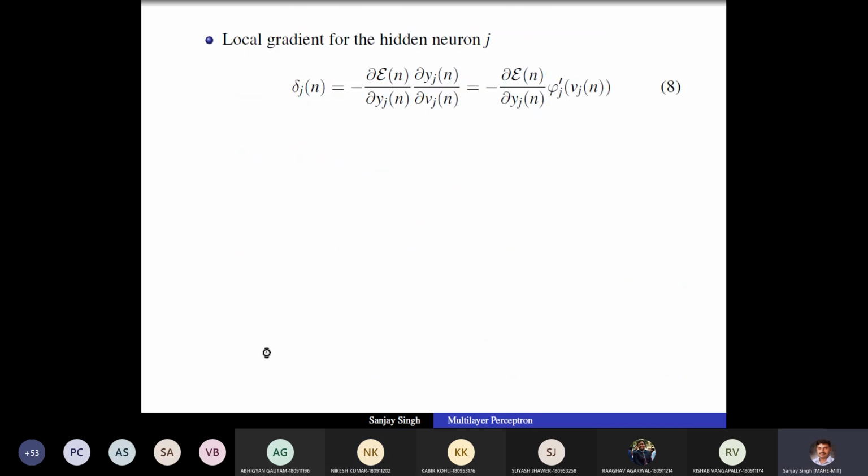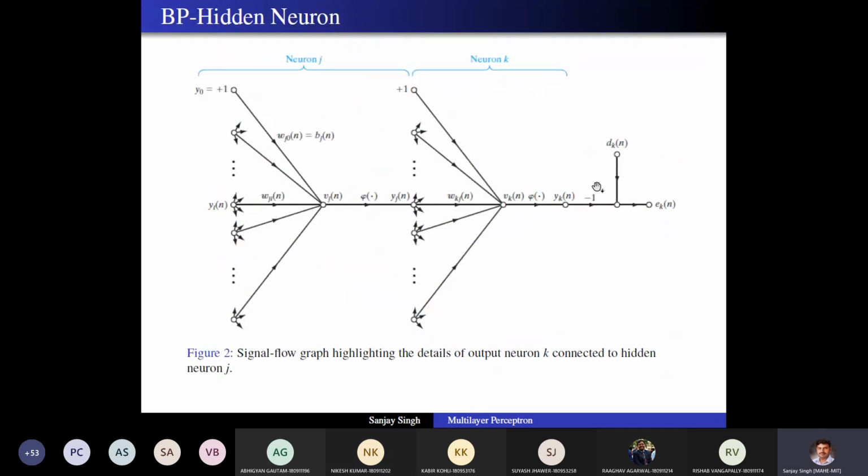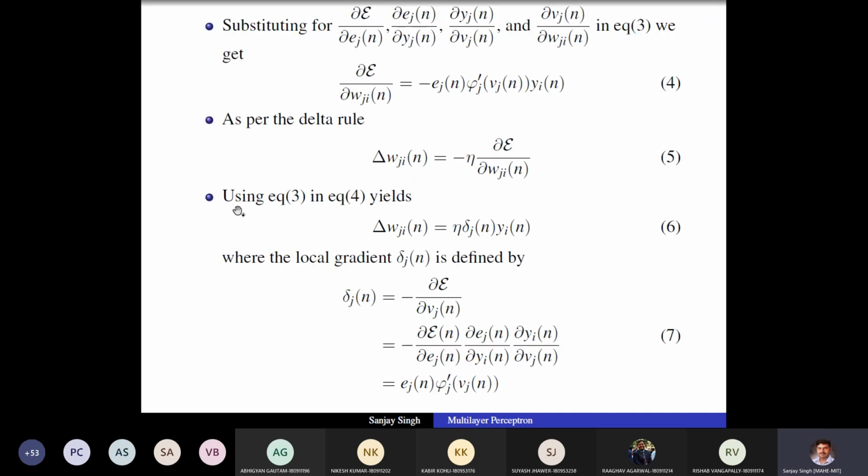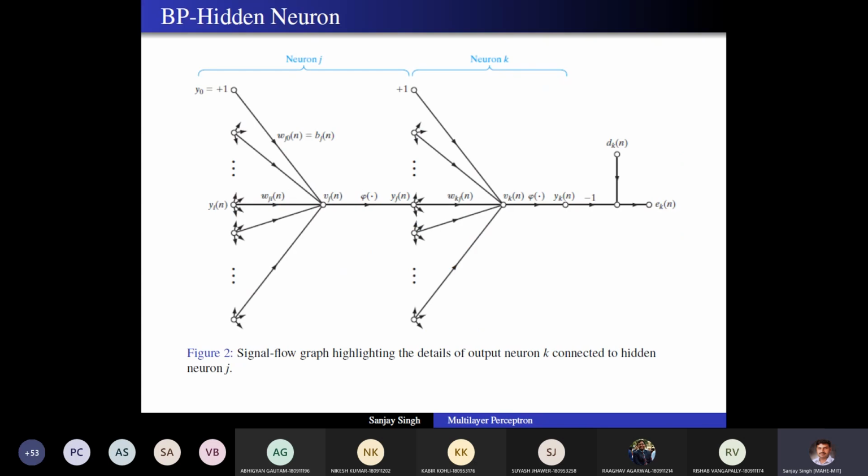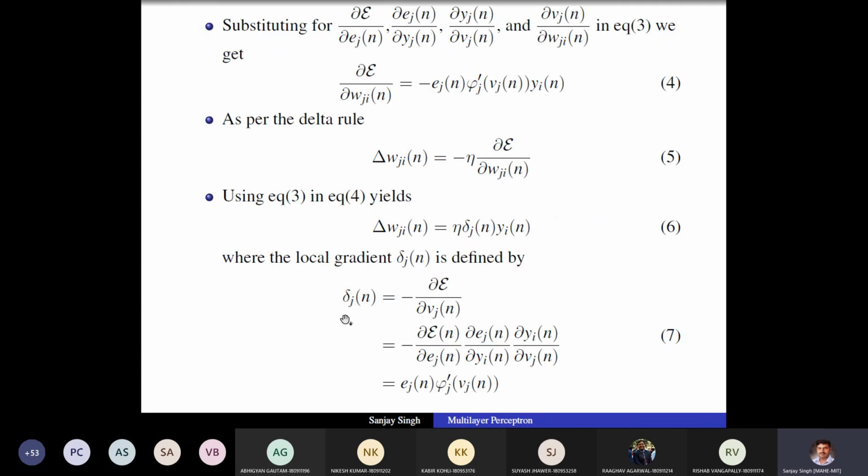We started here from the output, and finally we wanted a formula for a neuron which belongs to the hidden layer, right? So if you see here, in case of a neuron belonging to the output layer, your delta j, that is the local gradient, is ej(n) times phi prime vj(n), only this much.